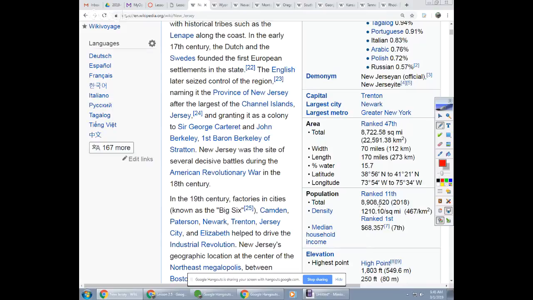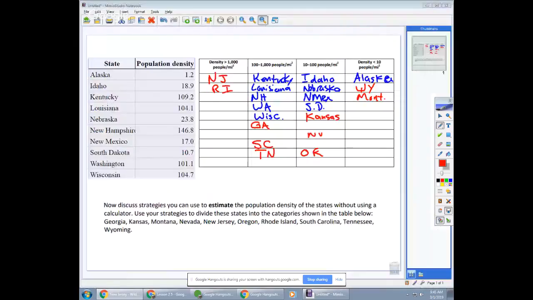And then we just divide that. That division is going to give us about 1,210. Add that to my notes here.